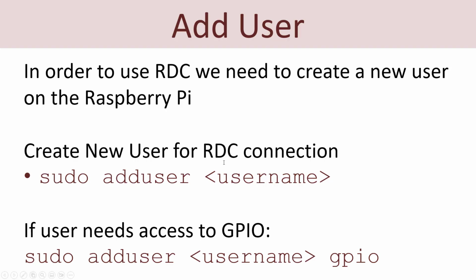So now we have created a new user that we are going to use later when connecting to the Raspberry Pi using this remote desktop connection. We have also given this user access to the general purpose input output pins on the Raspberry Pi, but if you prefer, you can also give this user the same rights as the original root user of the system.